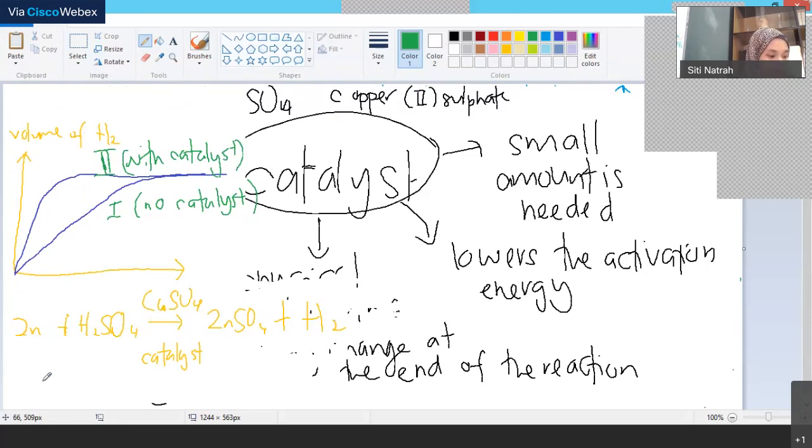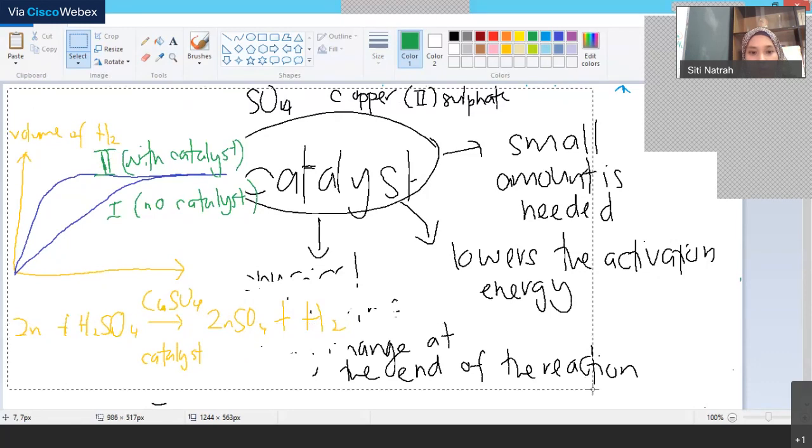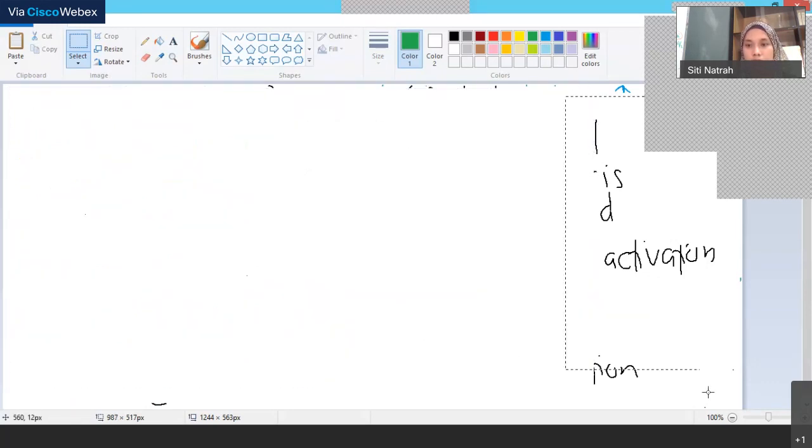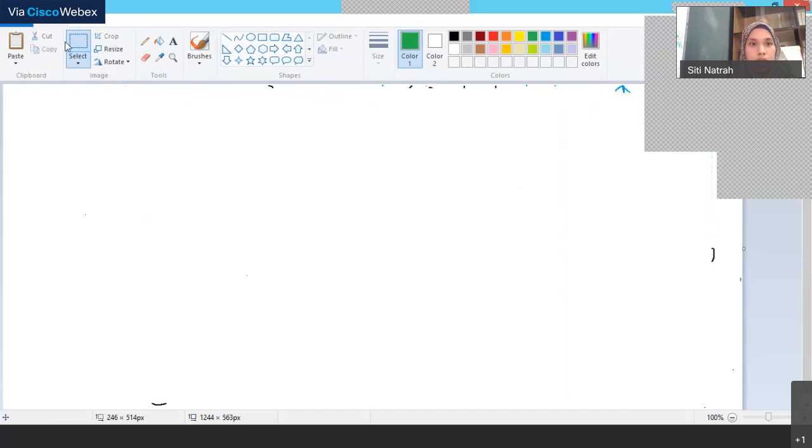Okay. Right. So let's say kalau cikgu buat untuk temperature. Kita dah buat, so sekarang ni kita buat untuk eksperimen temperature.